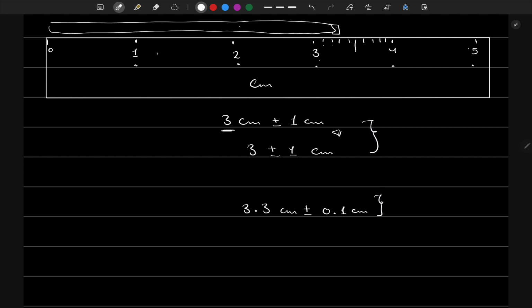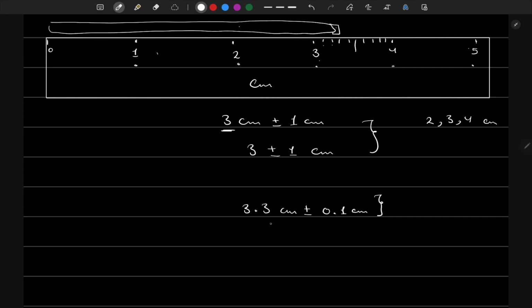It's actually a huge difference. In this one here, if I made an error, I can say that it's either 2 or 3 or 4, because it's 3 plus or minus 1 centimeters.